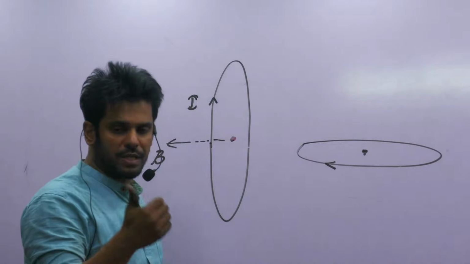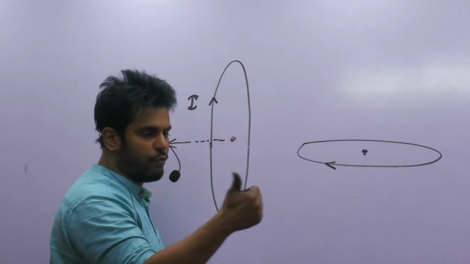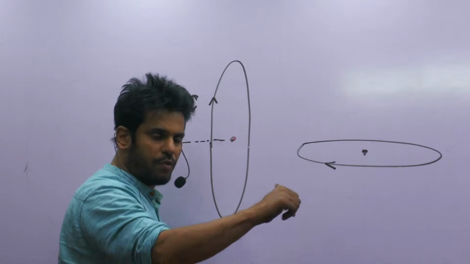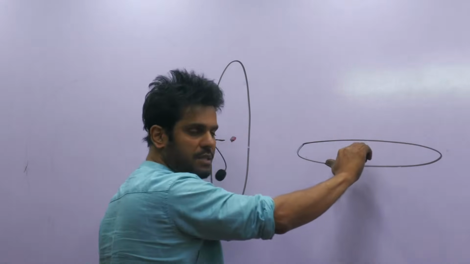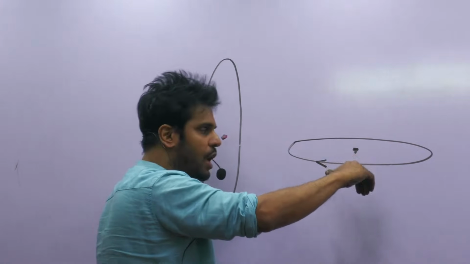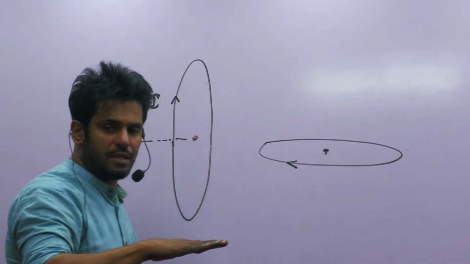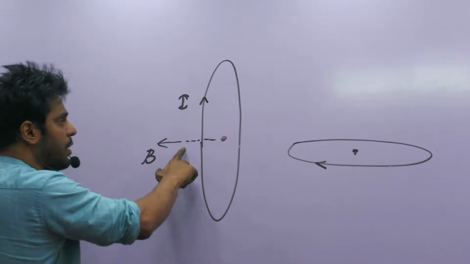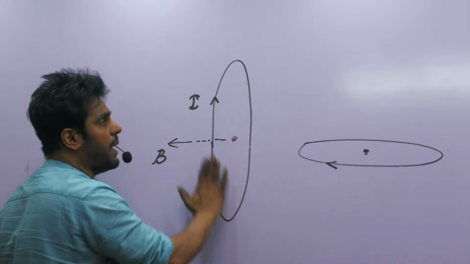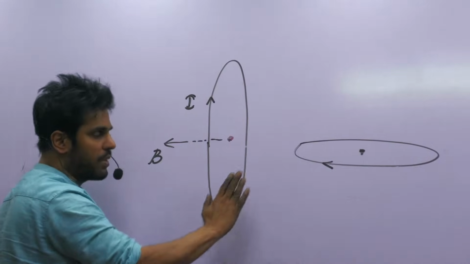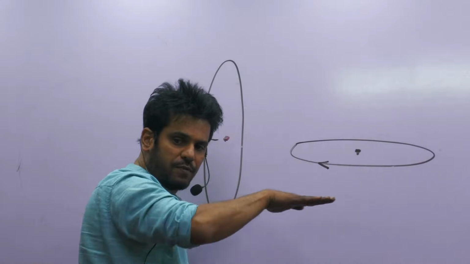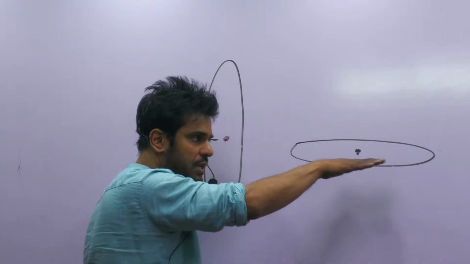First of all, everyone keep your thumb in the direction of current like this. Always, the direction of magnetic field is perpendicular to the plane of the circle. This is the plane of the circle, horizontally.